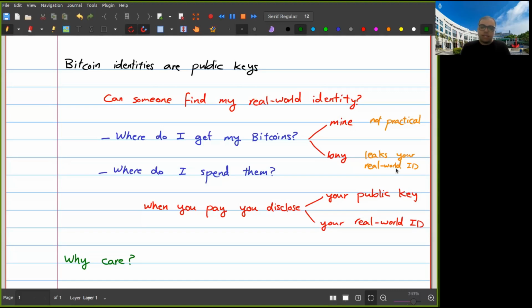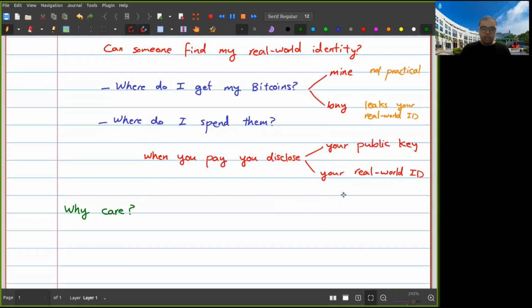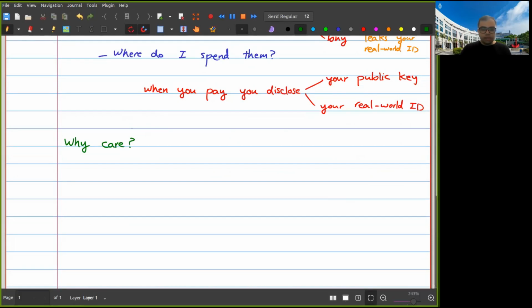So if I do this, I'm not really gaining anything. I'm just transferring money from one of my public keys to another one, and basically just this transfer leaks my second public key too. So the reason I have to care is because as soon as one of my public keys is connected to my real world identity, anyone can just follow the flow of money on the blockchain, and then they can figure out all of my other public keys.